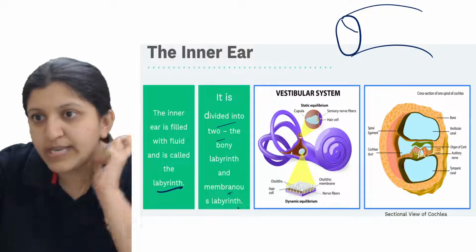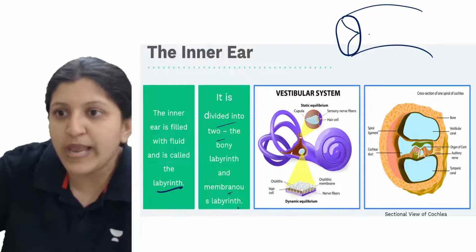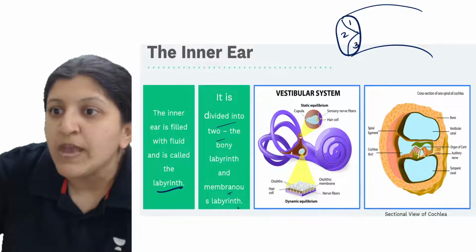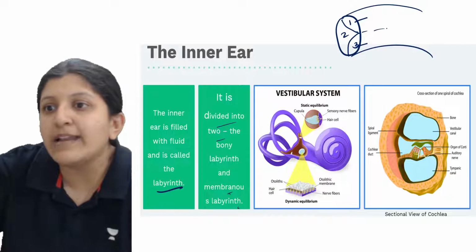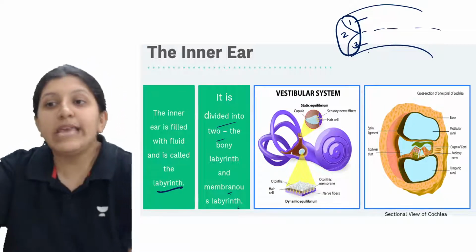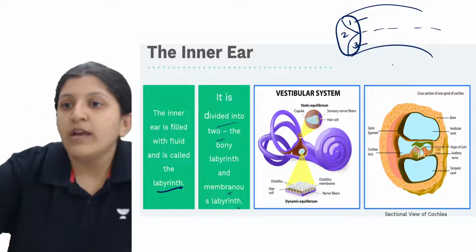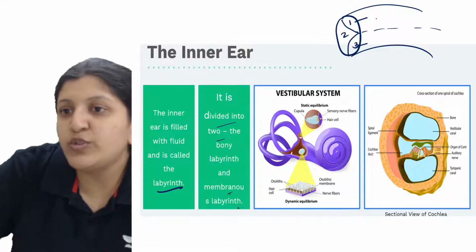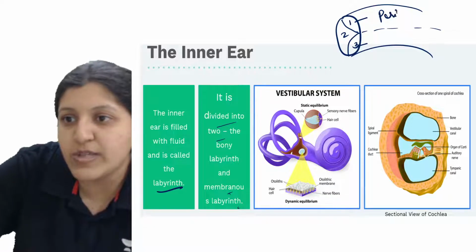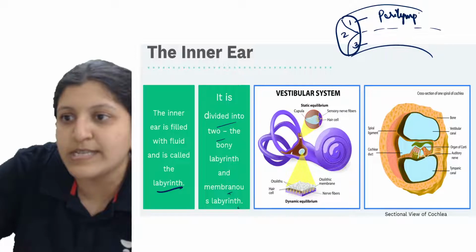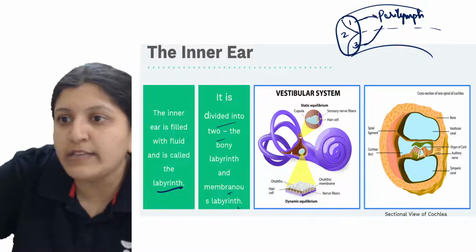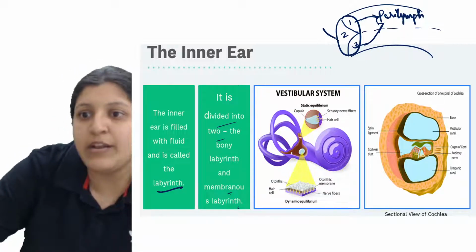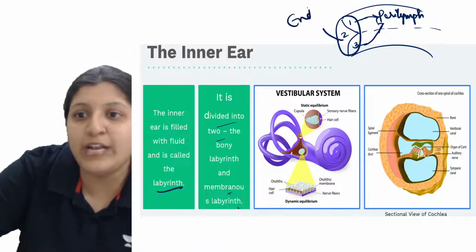So there is 1, 2, 3. The first and the third canals, what do they consist of? There is one more at the back. They consist of perilymph. So perilymph is present in 1 and 3. In the second one, what do you find? There is endolymph.